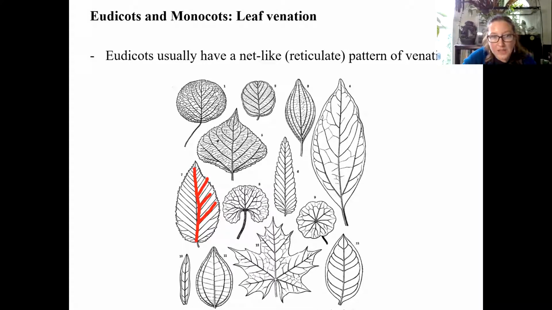We have a single main vein and then all these others, but all these other little things are also veins. Sometimes the main vein might not be as obvious. This one has a main vein there, and then there are other ones coming off and other little ones coming off. And then you may have some variations on that.